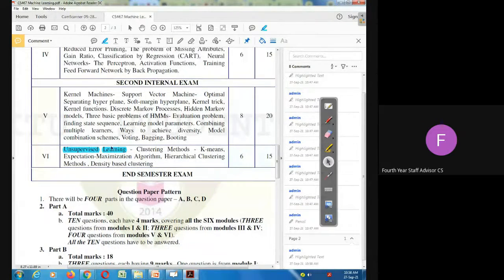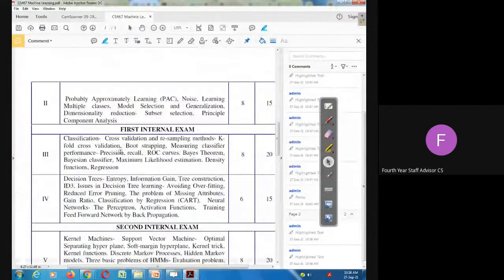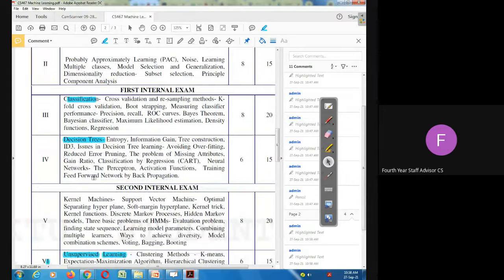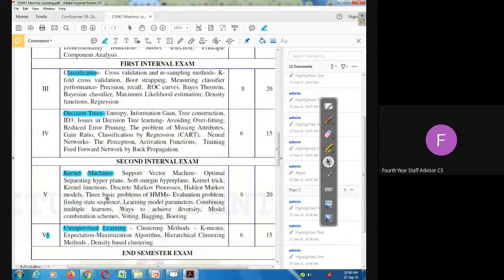In modules 3, 4 and 5 we want to study the different supervised learning methods.